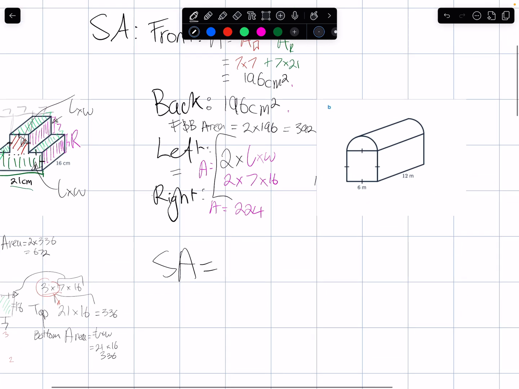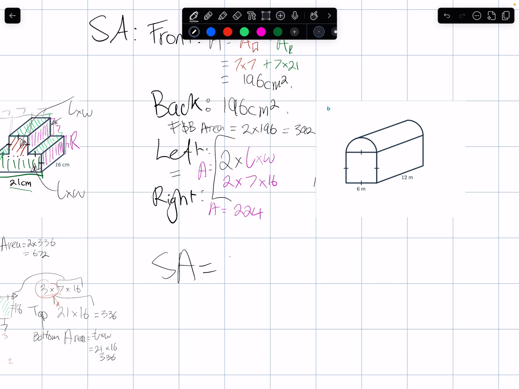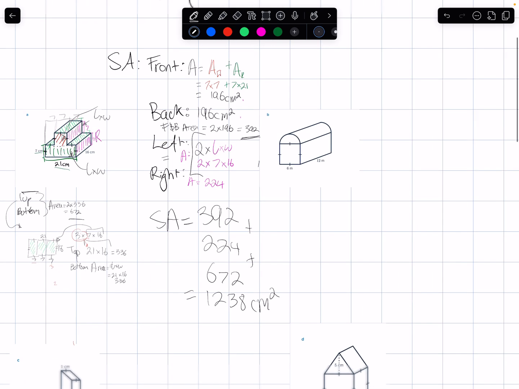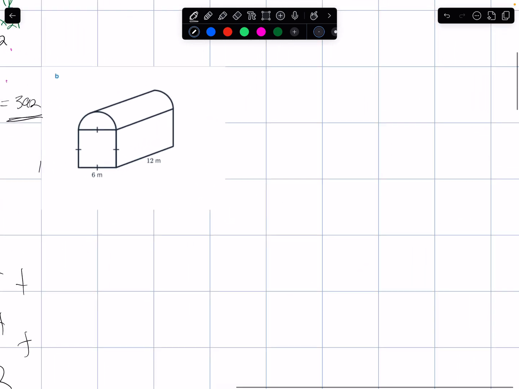So we need our front and back, which is 392, plus our left and right, which is 224, plus our top and bottom, which is 672. That gives 1,238 centimeters squared. Beautiful. Question 1, done and dusted.